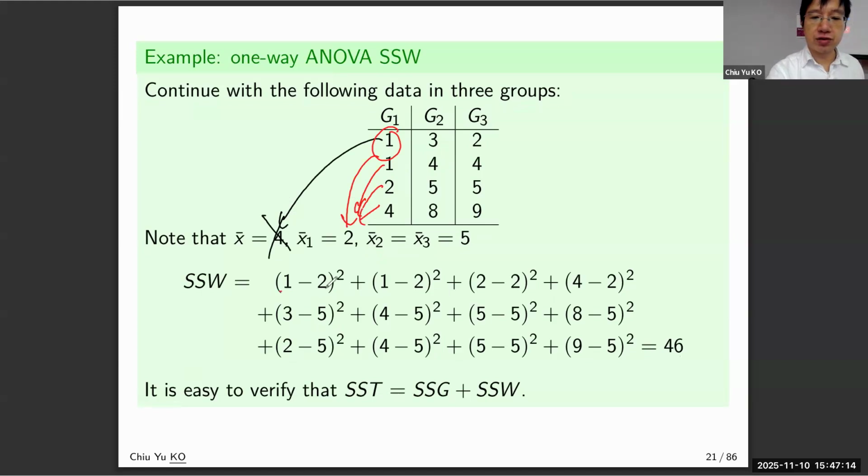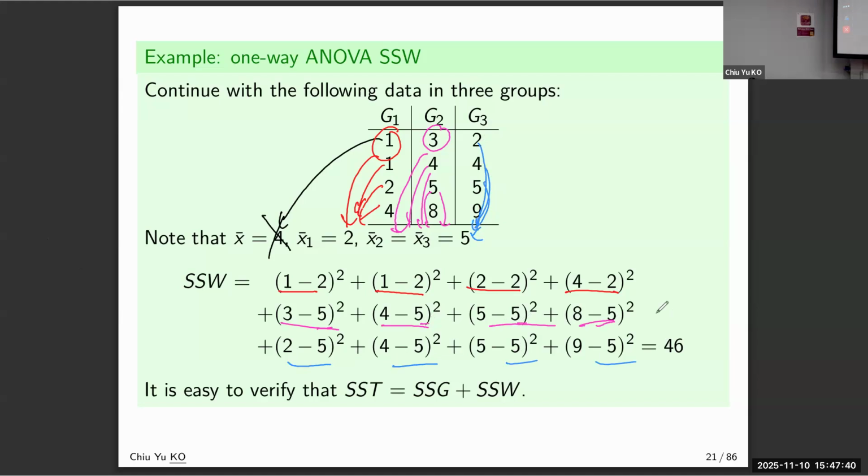So that's 1 minus 2, 1 minus 2, 2 minus 2, 4 minus 2. And this 3, you go to 5. You go to here, minus 5. It's not minus 4, right? Everything is based on this. And finally, this minus 5, minus 5, minus 5, minus 5, square.